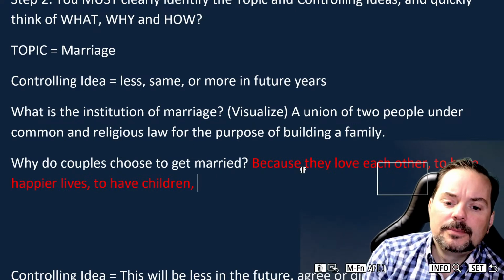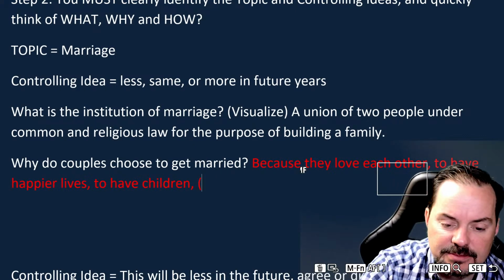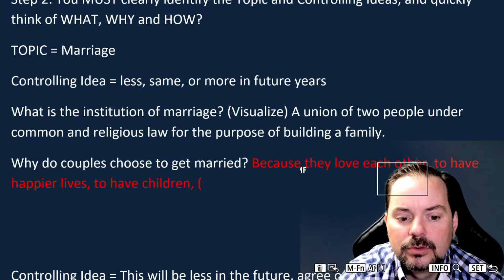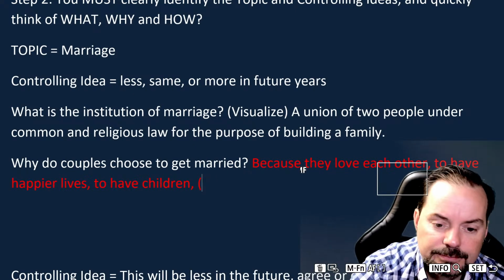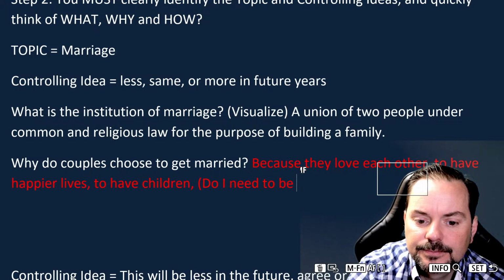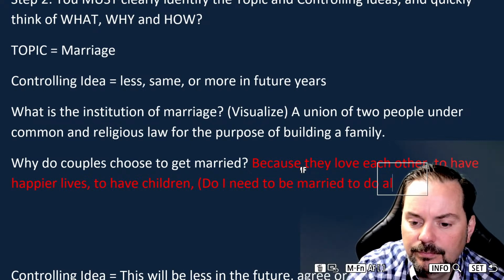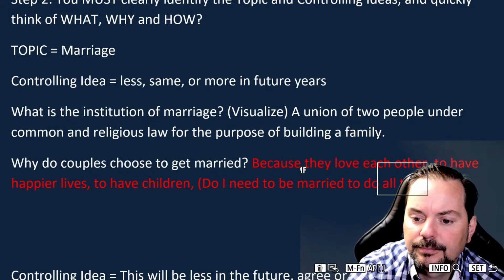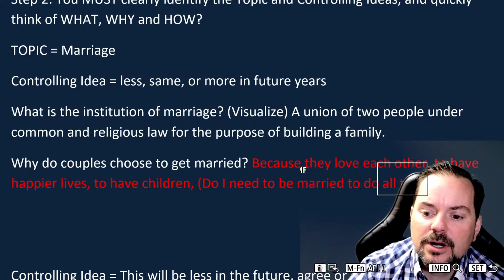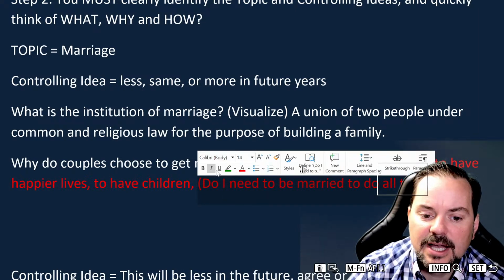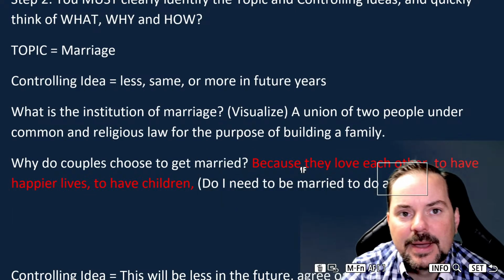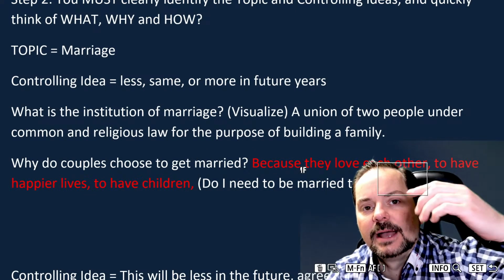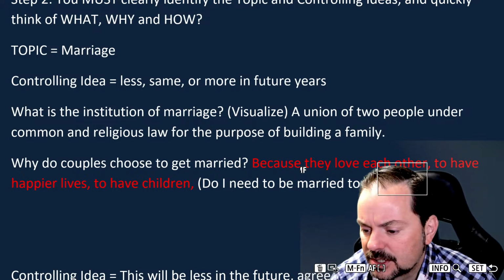Okay, those would be my top picks. Okay, the question I have to ask myself here is, do I need these to do this? Do I need to be married to do this? No, right? So this is the question that you have to ask yourself, and if the answer is no, then you haven't really found the better arguments for why marriages might not decrease in numbers.